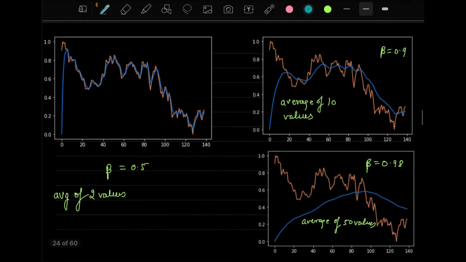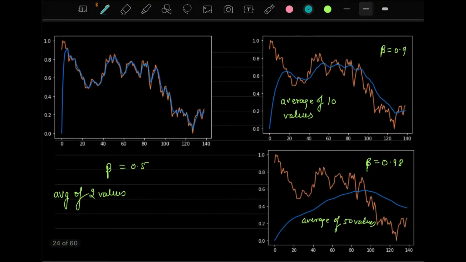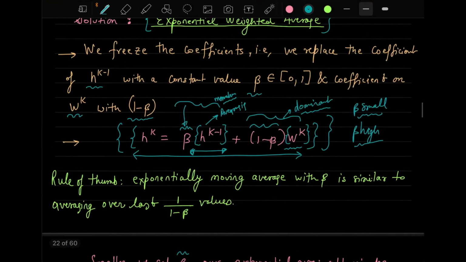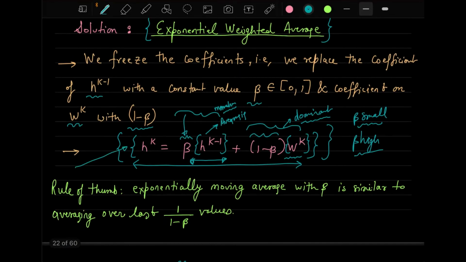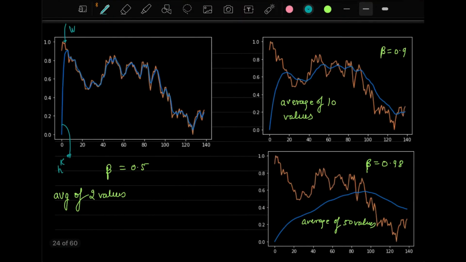Here I am running this simulation where this is the original one with W, and the blue one is the output of h to the power k. We are running this expression now. So when your beta is small, let us say your beta is 0.5, now you can see your blue curve is sitting on the W curve, and it's also noisy.